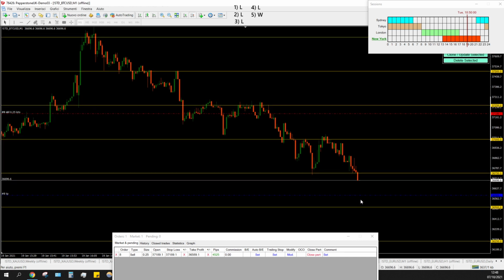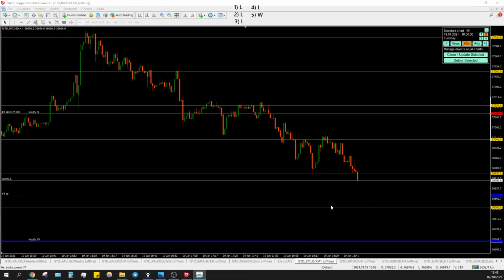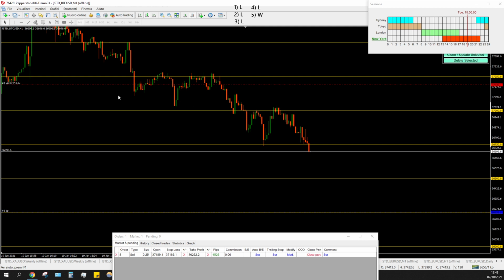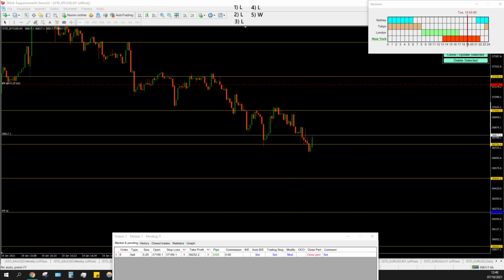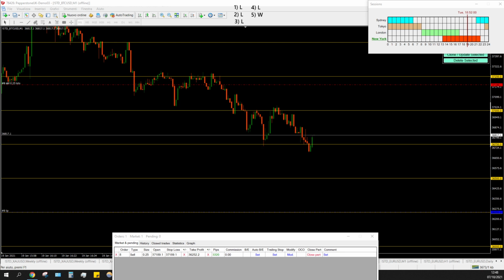Let's see, now we are at 45 pips. So we might consider, as per rule, to move the stop loss, the profit, sorry, the profits. But if we see rejection, we might consider here taking the 42 pips. So this is a nice rejection.